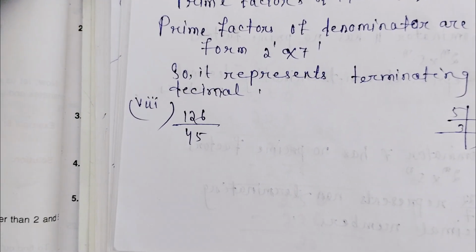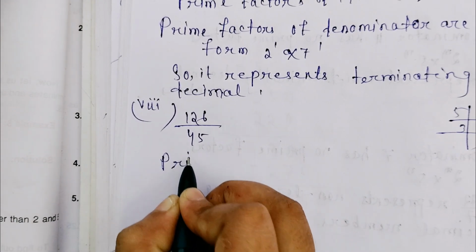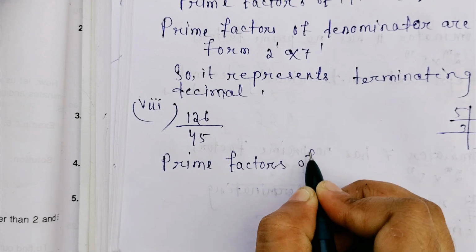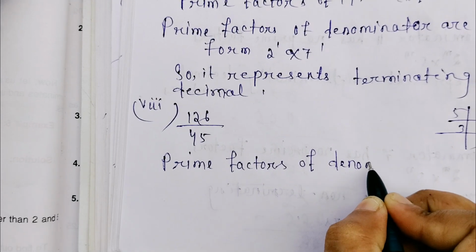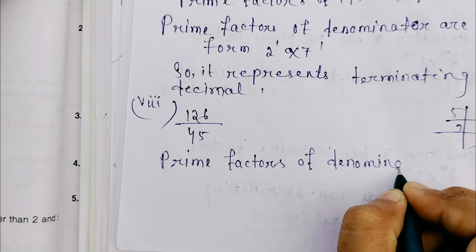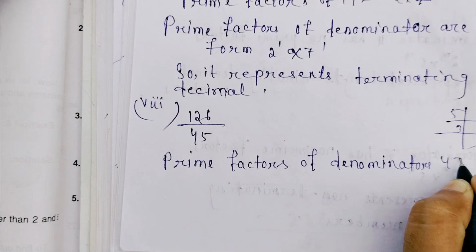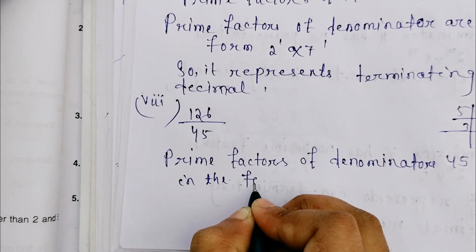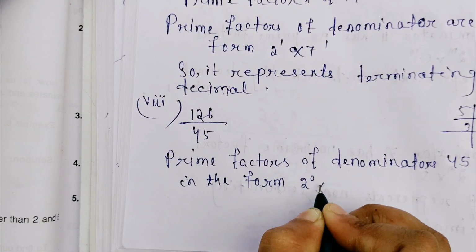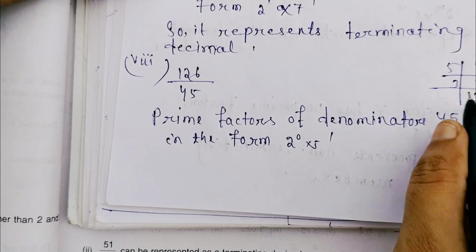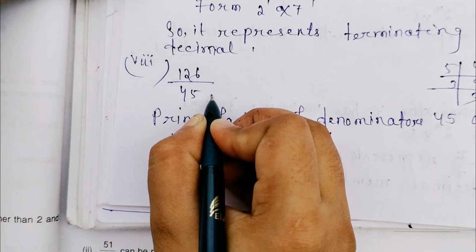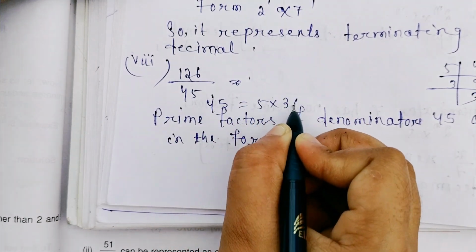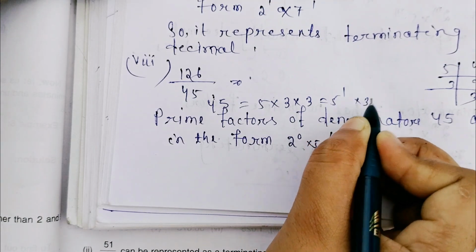So the prime factors of denominator 45 are 5 into 3 into 3 equal 5 to the power 1 into 3 to the power 2.